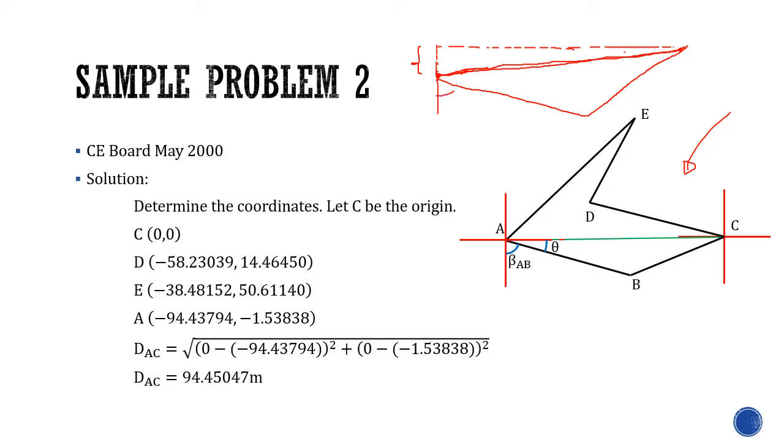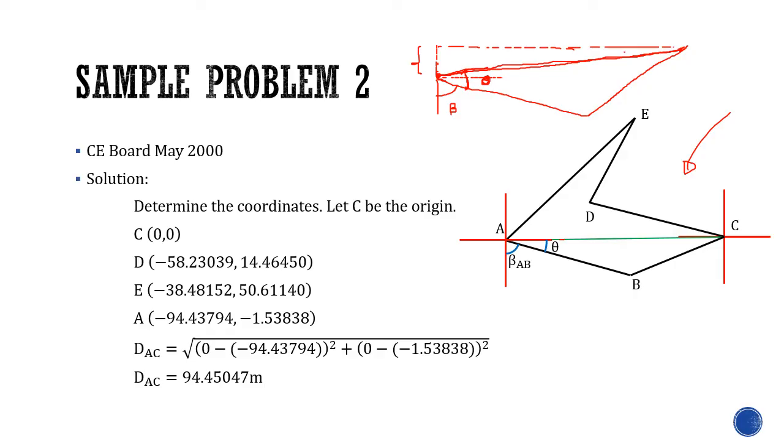Okay, so yan, ganito mangyari, class. Yung angle na makakuha natin is ito, theta. Okay? This is the bearing. Okay? Yan. So, class, ito gagawin natin, no? So, ito yung pwede nating gawin. Okay? Class, let us get the theta.